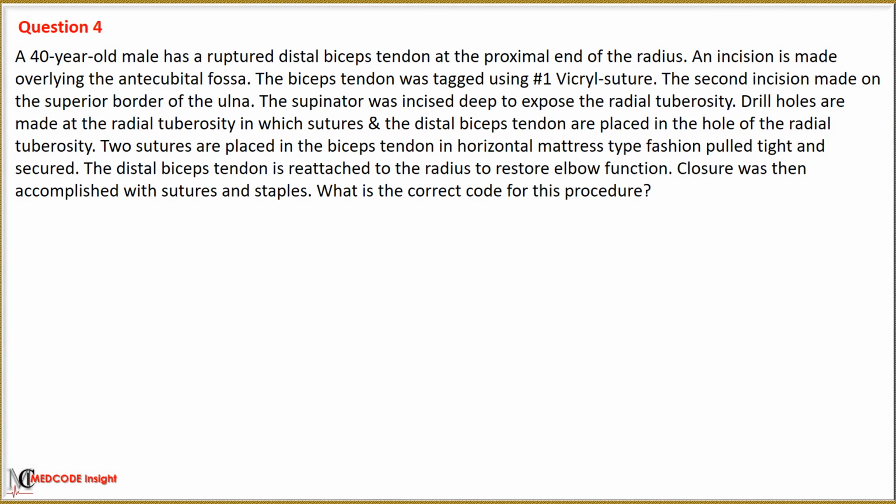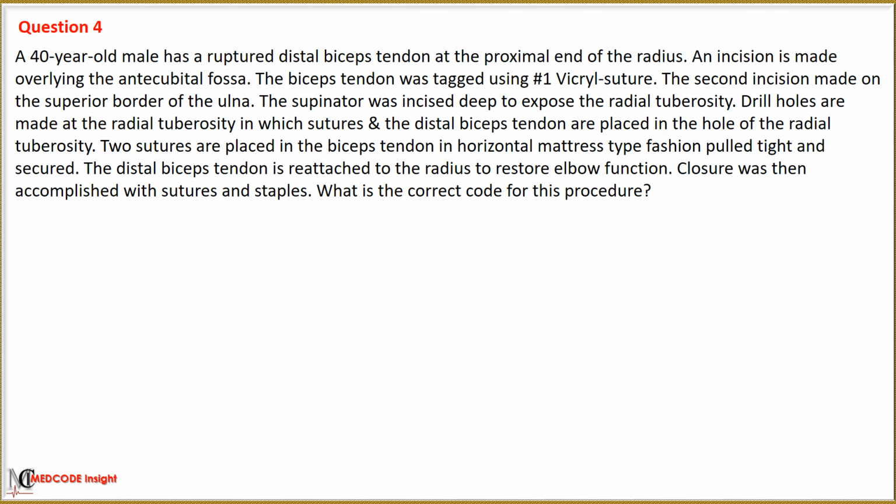A 40-year-old male has a ruptured distal bicep tendon at the proximal end of the radius. An incision is made overlying the antecubital fossa. The bicep tendon was tagged using one bilateral suture. The second incision was made on the superior border of the ulna. The supinator was incised deep to expose the radial tuberosity.